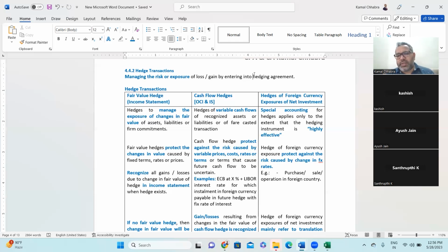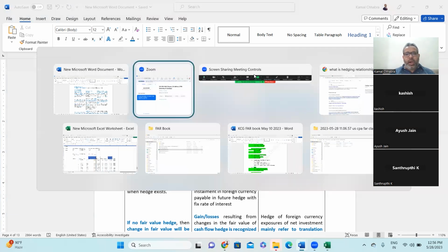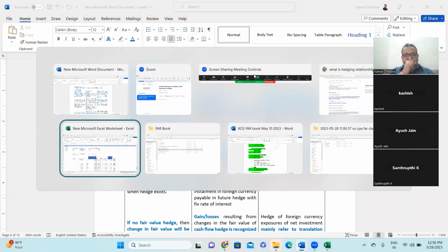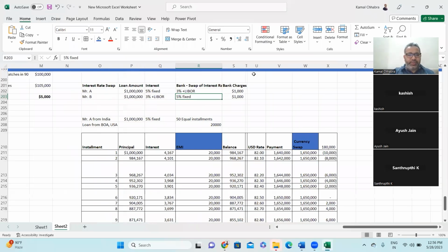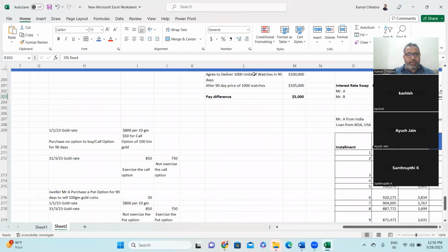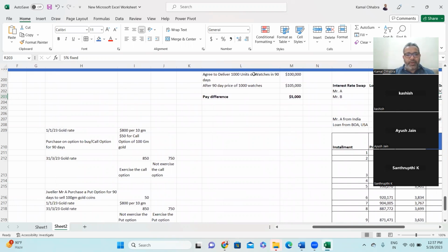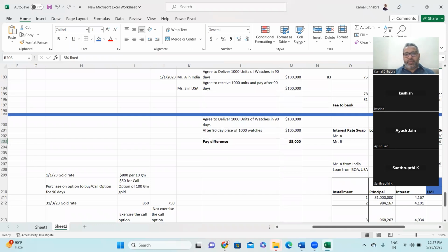Second is foreign currency exposure. If you remember, we have discussed a few examples for foreign currency exposure also, like buy options and call options, where we agree that this much amount of money we'll be paying. Same way, the watch example we discussed. Here also we are fixing the foreign currency exposure, right?